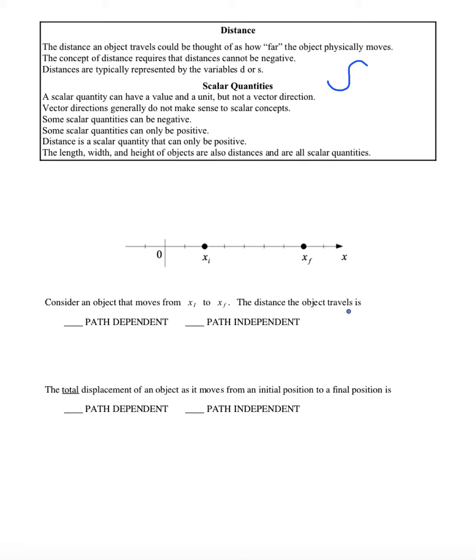Is the distance the object travels path dependent or path independent? And then, is the total displacement of the object as it moves from the initial to the final positions path dependent or path independent? Think about those for a moment, and then I'll give my answers.